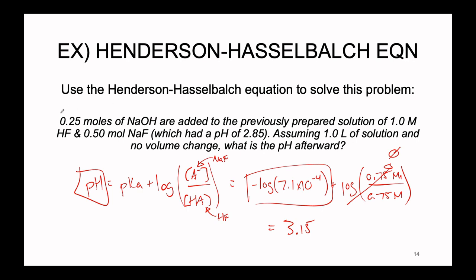You might not be told in the wording of the problem that you are working with a buffer, but if you inspect the wording of the problem and ask yourselves, am I working with a buffer here? Are my concentrations of the weak acid and the weak base after a neutralization reaction within a magnitude of 10 from each other? If so, you're working with a buffer and you can take this really handy shortcut.